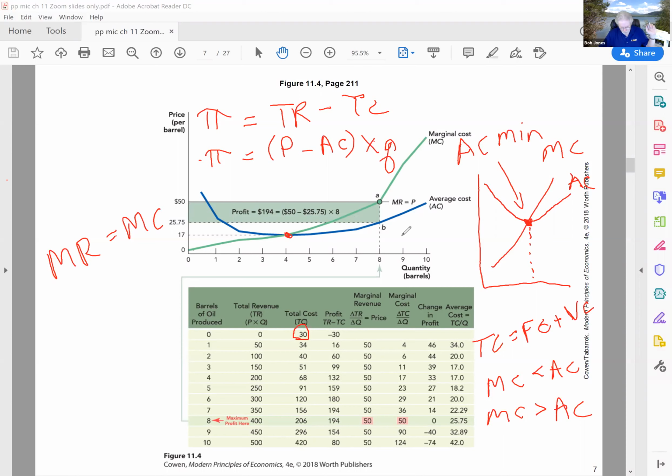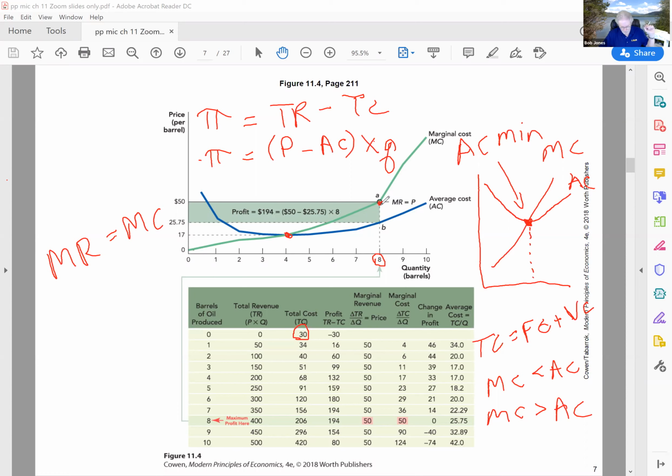Notice if the price is 50, the firm gets maximum profit by producing where MR equals MC, which is going to be right here. We've already seen that's at 8 units. Okay. How much profit is the firm making? Well, you take the price, 50, subtract the average cost, which we're told is $25.75.